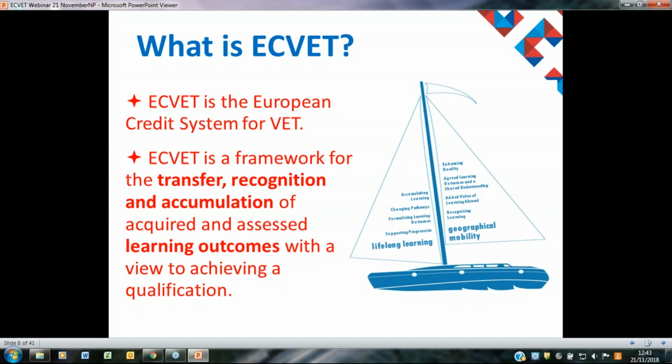But because the principles of ECVET are based on learning outcomes which are assessed and can then be transferred, and these learning outcomes can take place in any situation and then transferred later on, they are an integral part of lifelong learning, and the same principles apply for geographical mobility and for lifelong learning. And those of you who are involved in RPL will be using these principles as well.